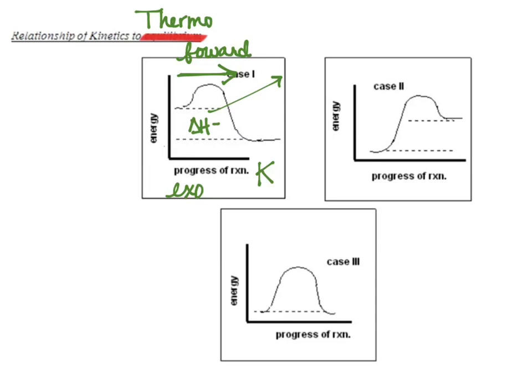So it's a forward, it favors the forward reaction. Which means if I have products over reactant, we're going to favor the products. Which means, what can we say about the magnitude of K? It's greater than 1.